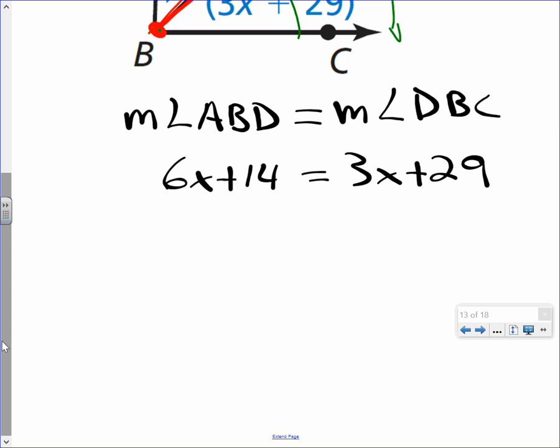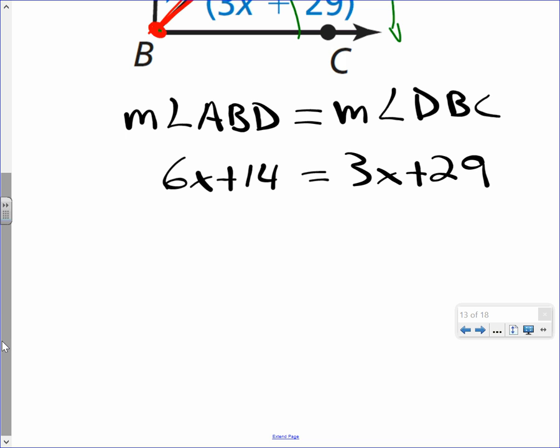It's more logically sound. 6x plus 14 is 3x plus 29. Since it is that, we can start getting x by itself now. So far in the equations I've been throwing at you, the variables have been on both sides. How the heck are we going to get the variables on one side? That's the question. That's Math 1 stuff.